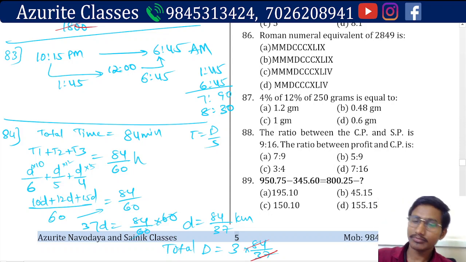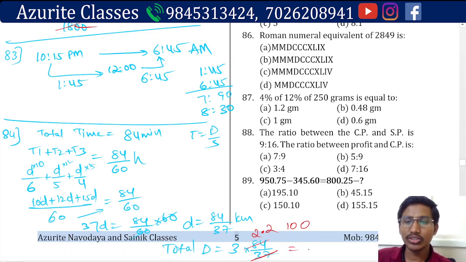37 twos are 74. Then the remaining is 10, so it becomes 100. 37 twos again, so 2.2.